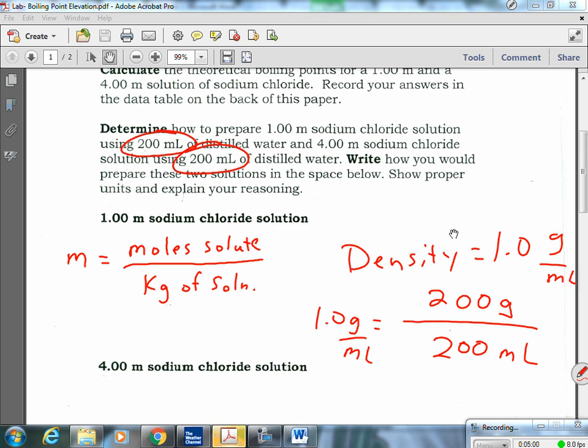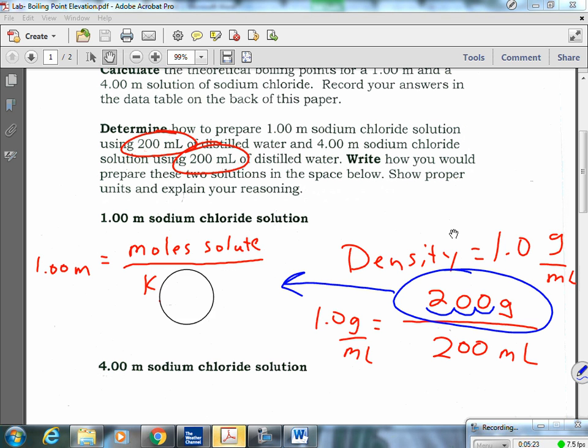So when I am doing this equation, my molality for this particular one is 1.00 molal. My kilograms is going to be my number over here, my 200 grams, converted to kilograms. So it's going to be 0.200 kg.